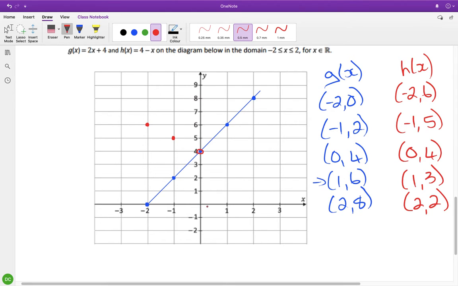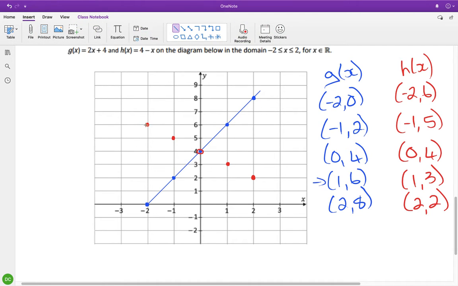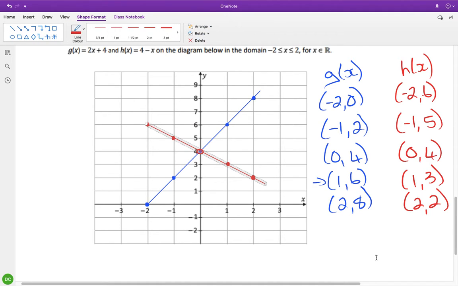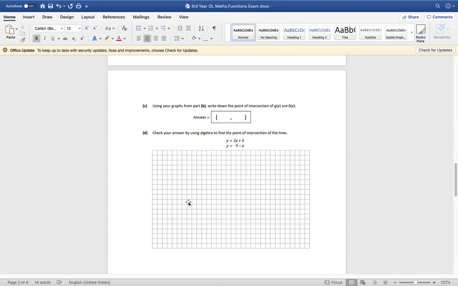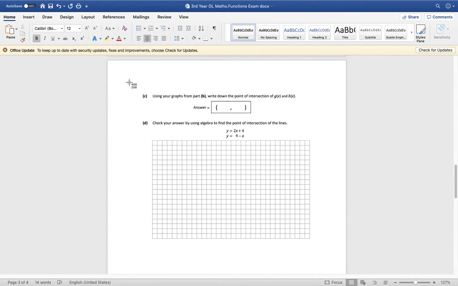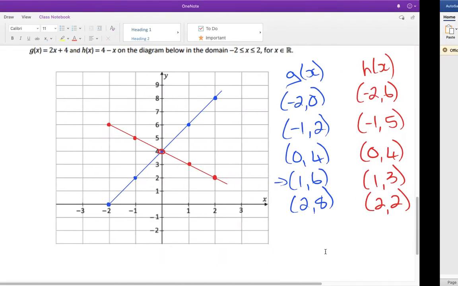Back to the center, go right 1 and up 3, and then back to the center, right 2, up 2. Okay, then draw a line through them. Okay, there's my 2 graphs.